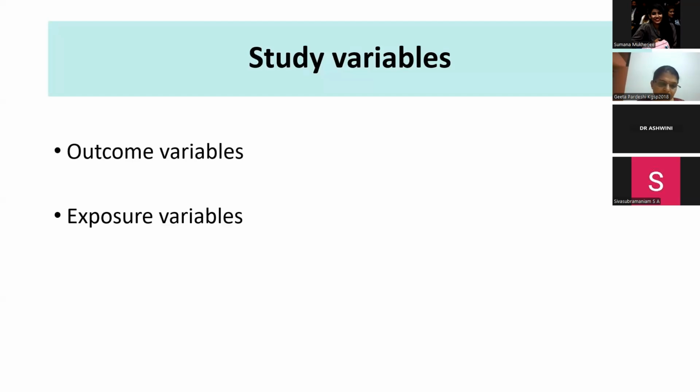Yes, right. So Ashwini says that acute respiratory illness is the outcome variable, and the air pollution or the air quality is the exposure variable.